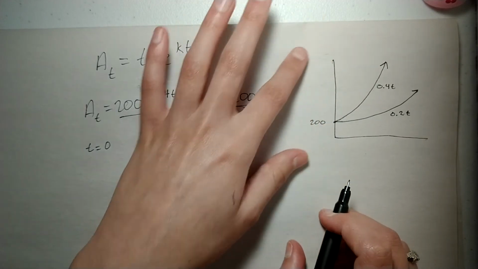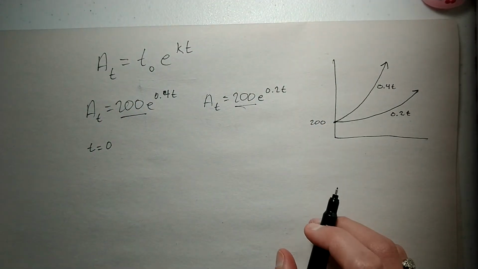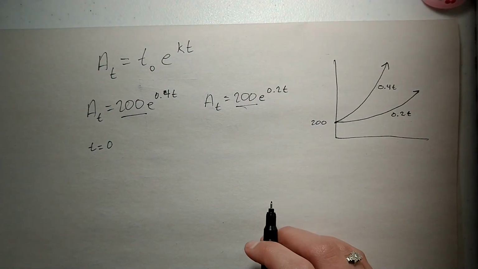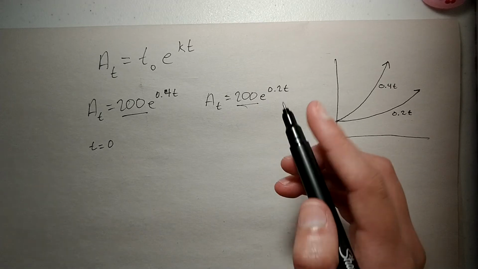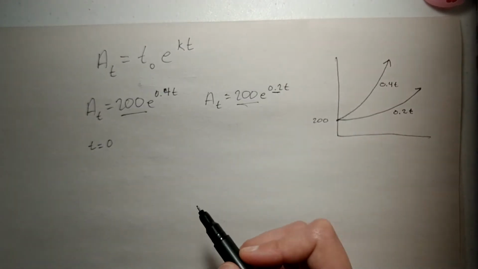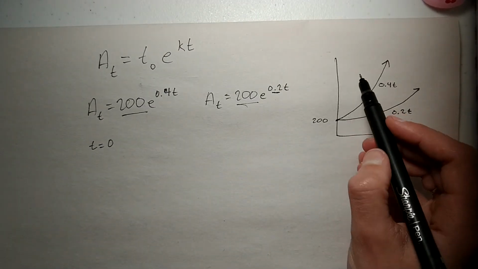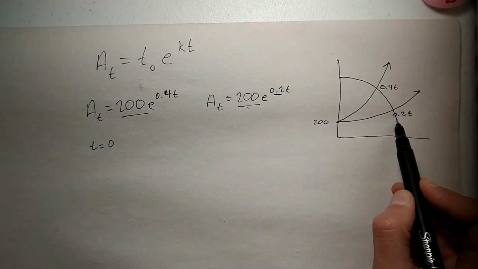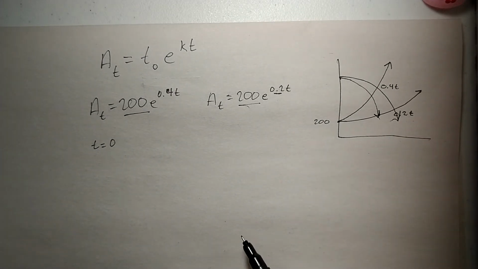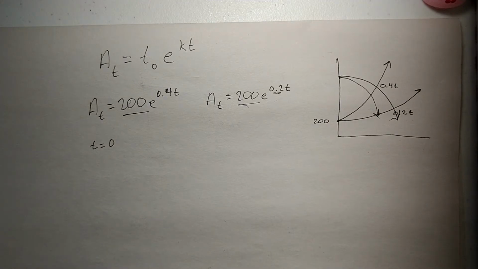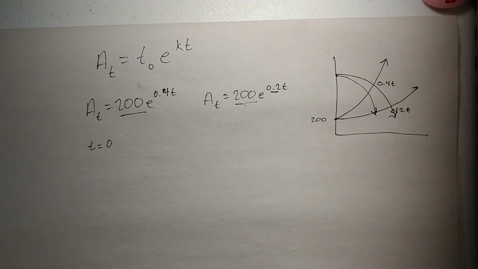So 0.4 is going to grow a lot faster than the other one. If this constant is negative, then our graph will curve down like this.